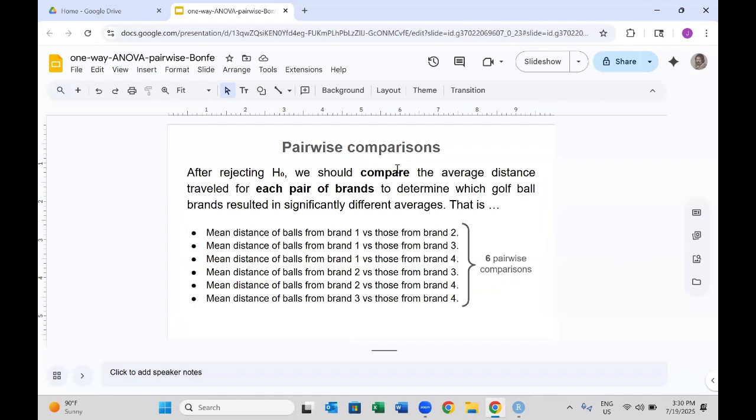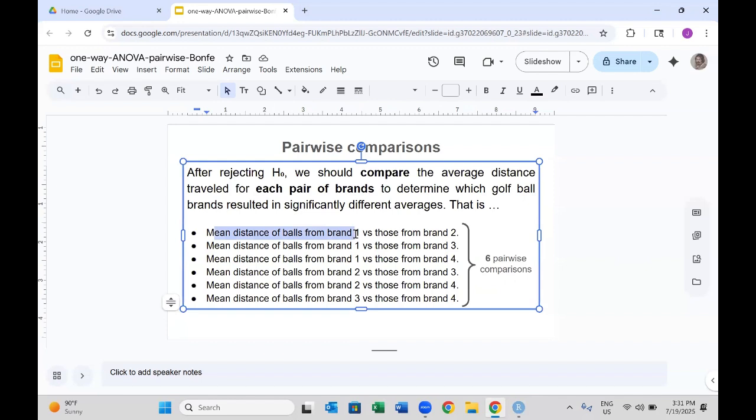Well, for example, to compare the mean distance of balls from brand one versus those from brand two, you can do a t-test, to compare two means, right? You can do a standard t-test and use an alpha significance level of 0.05. And then you can repeat the same thing to compare brand one versus brand three. Standard t-test with an alpha of 0.05. And you can repeat the same procedure for each pair.